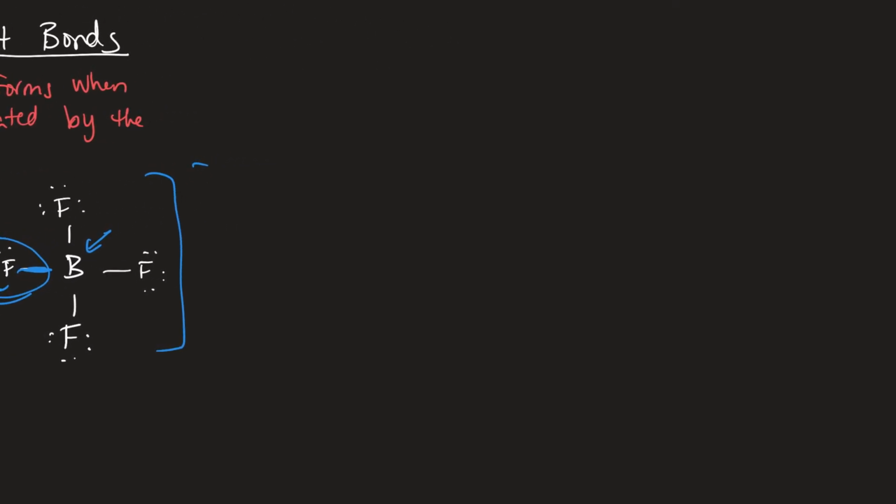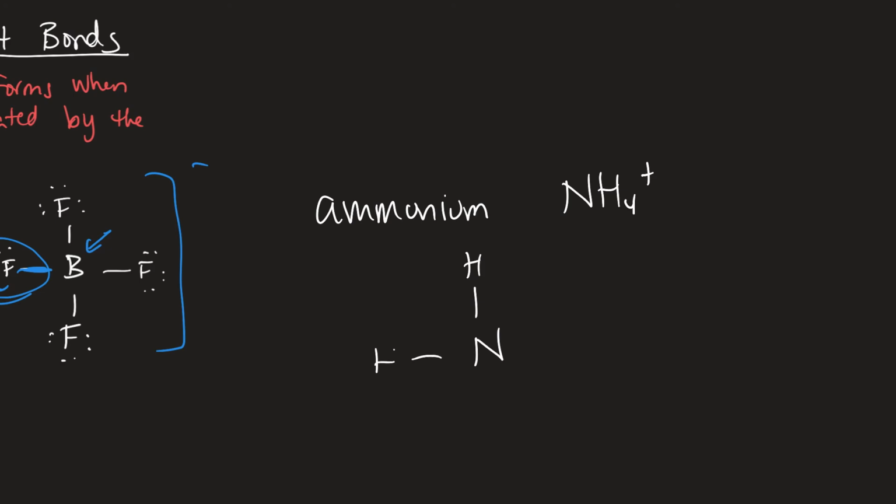And here's another exception. Think about the polyatomic ion ammonium. Ammonium is the same idea, NH4+. You have this nitrogen that is bonded to 4 hydrogens. Now, where's the coordinate bond here? Well, if you recall, without this 4th H, this right here is NH3. The name of this is conveniently called ammonia.